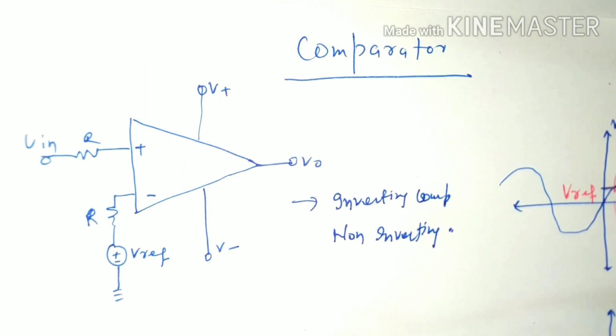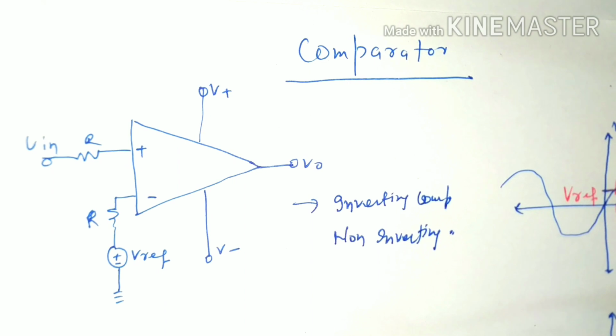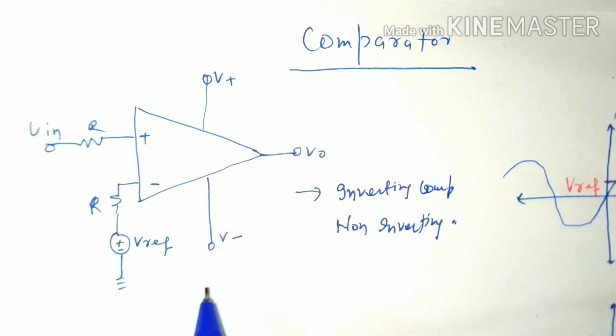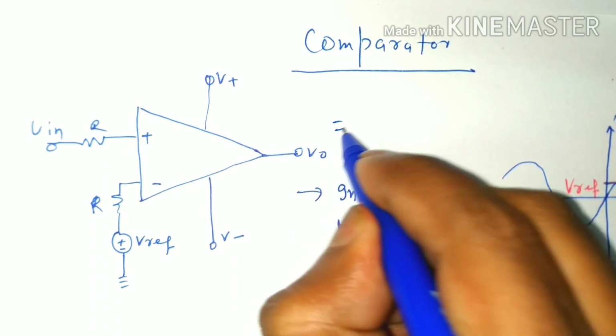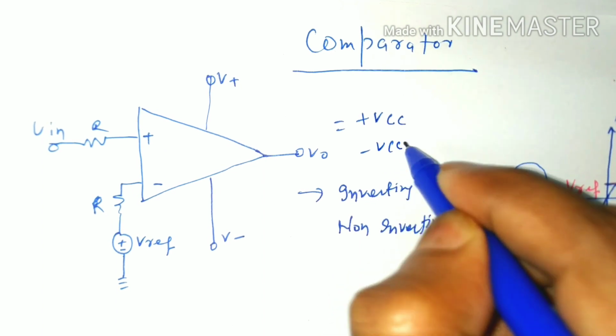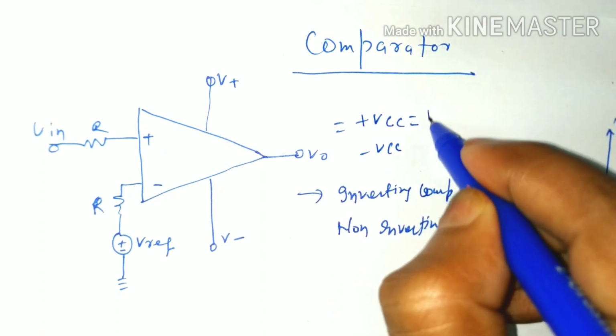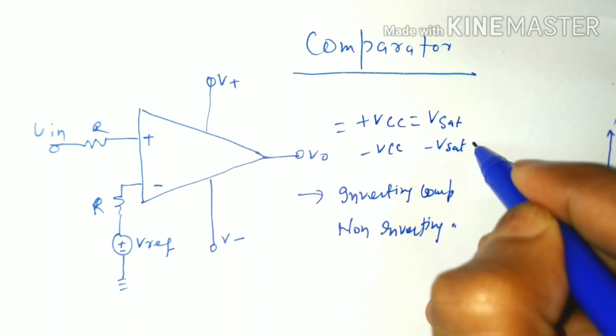If the input is connected with the inverting terminal, then it will be called an inverting comparator. Here the output voltage will be either plus VCC or minus VCC. It is also called plus V saturation or minus V saturation.